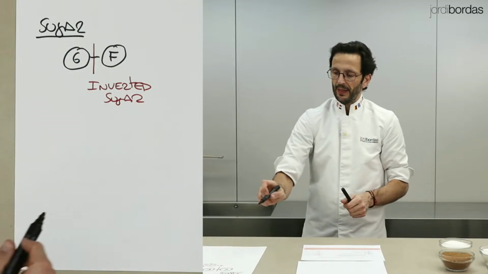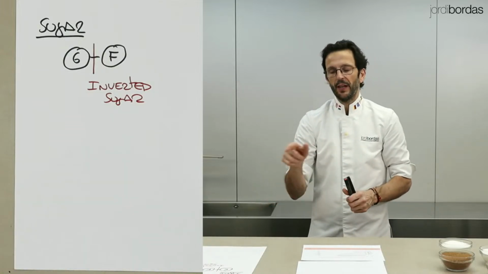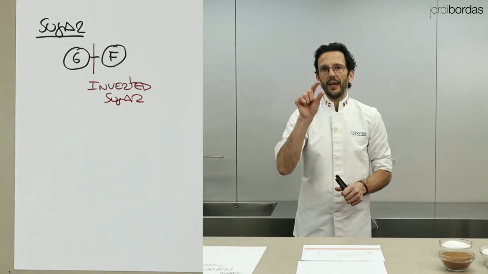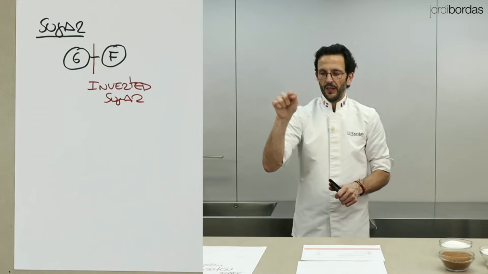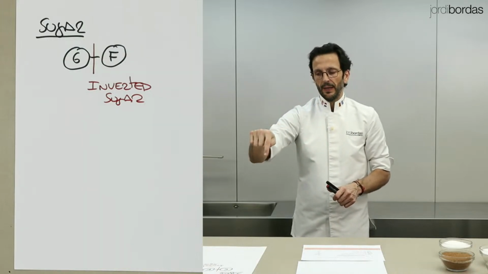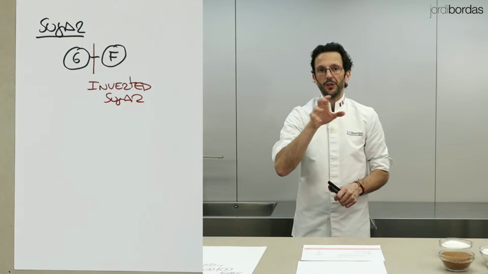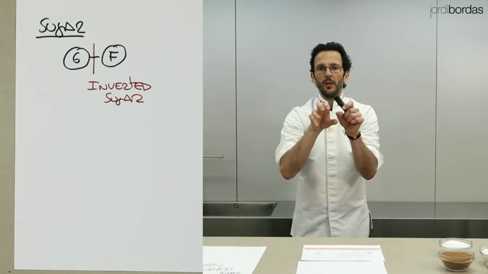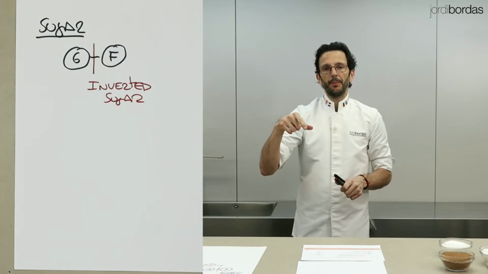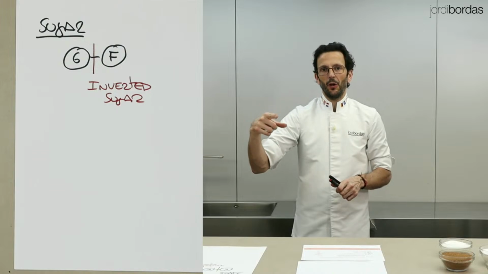That means that in inverted sugar we have glucose and fructose, not saccharose, or we can have a small part of saccharose. For this reason, inverted sugar is interesting because glucose and fructose alone, not together, have anti-crystallization properties for the sugar, okay?